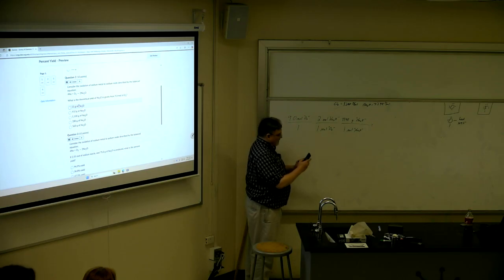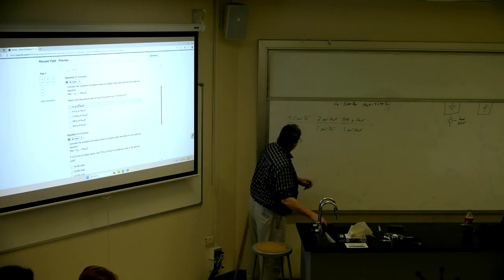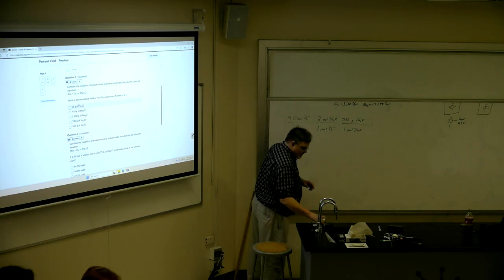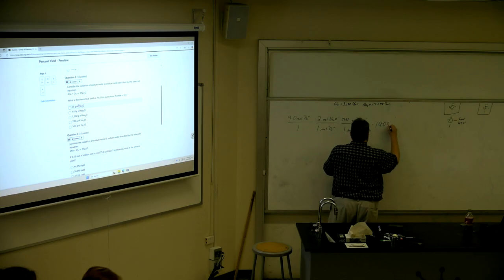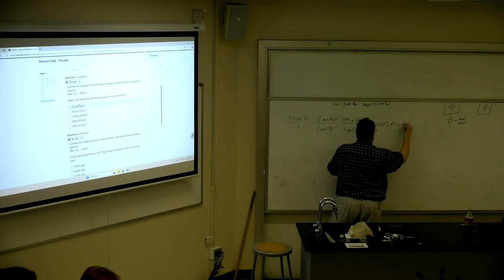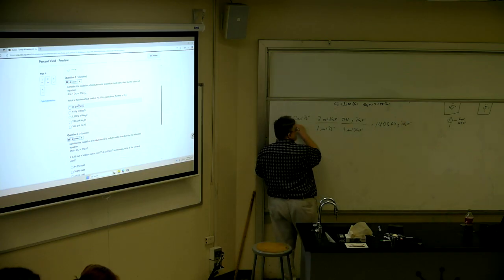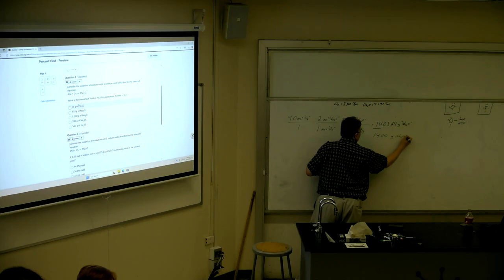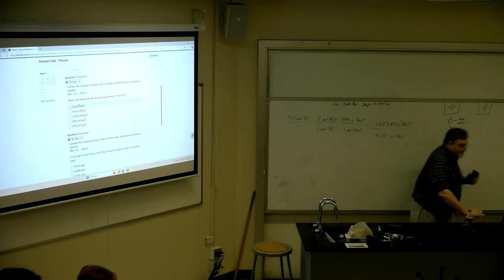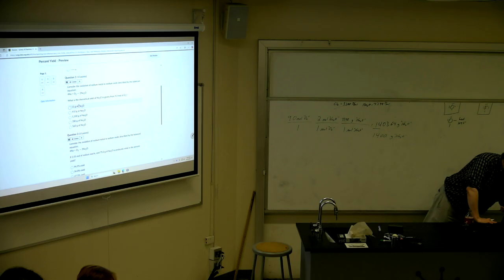This isn't even a percent yield problem. My calculator says, we need two significant figures, so it's just that with no decimal. Did I do that right?